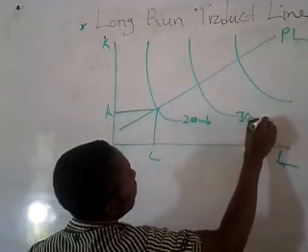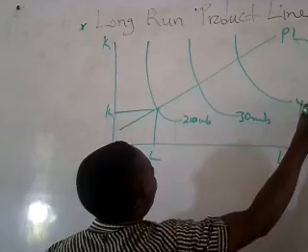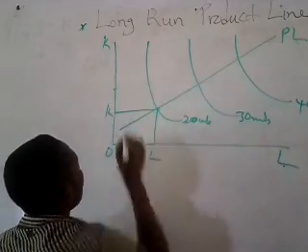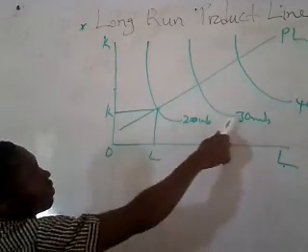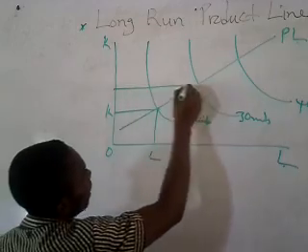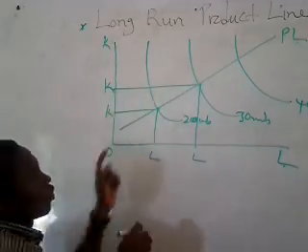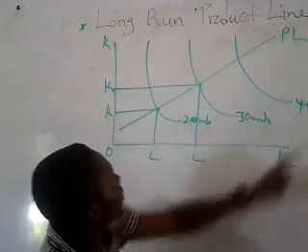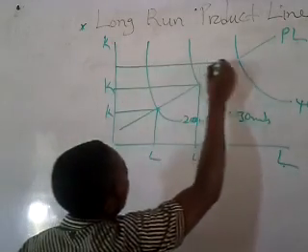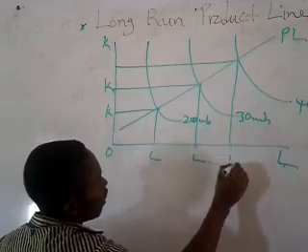So this is 30 units, 40 units. If you want to increase production to 30 units, we increase capital and then we increase labor. If you want to produce 40 units, we increase capital and then we increase labor.